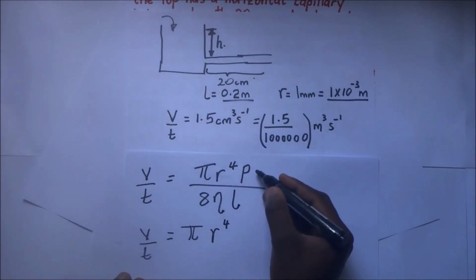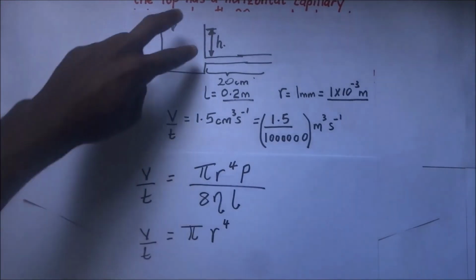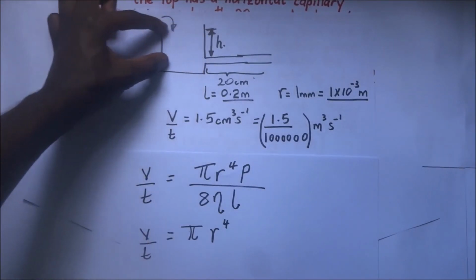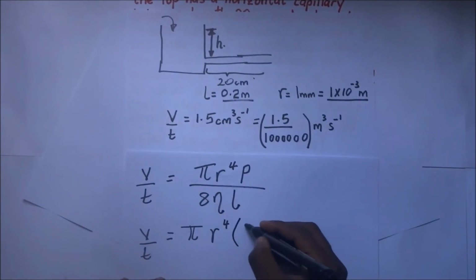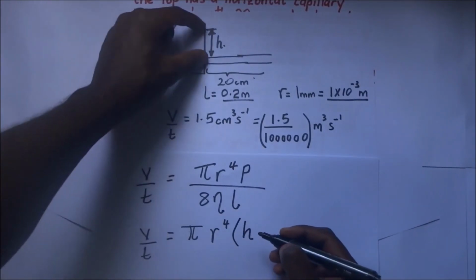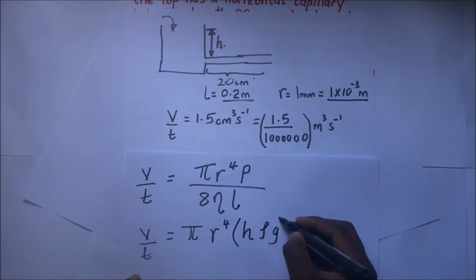Multiply that by P, which here represents the pressure difference. So the pressure difference, this pressure of water, we convert to the height times the density of the water times gravity.